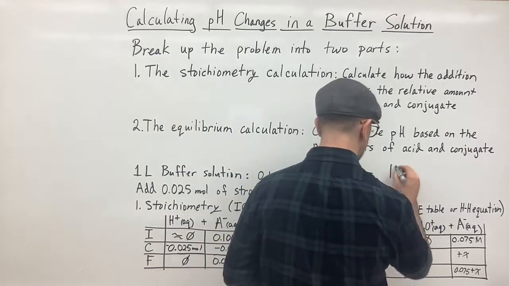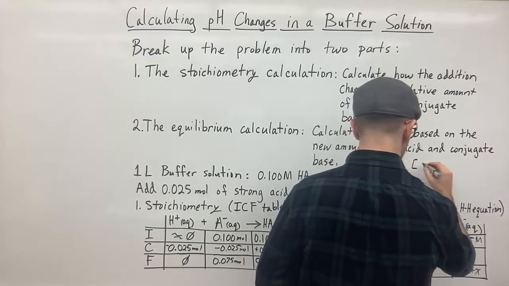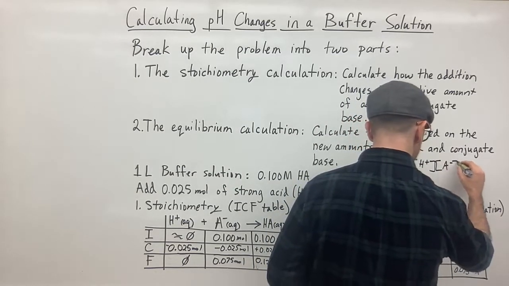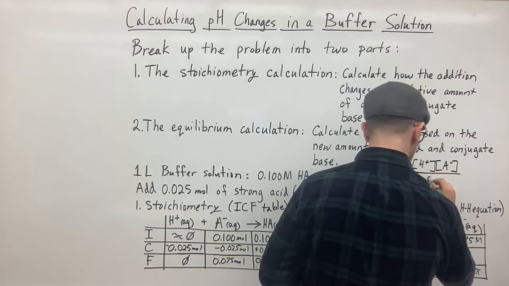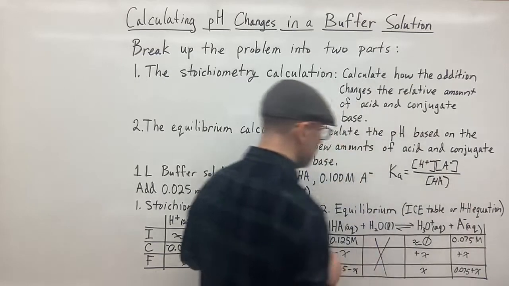So the Ka is equal to the H plus concentration multiplied by the A minus concentration over the HA concentration.